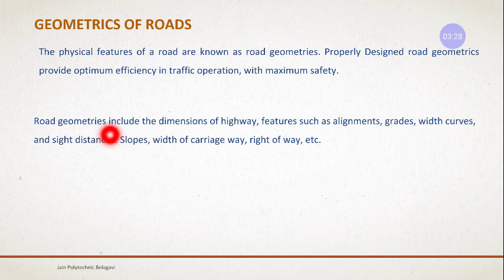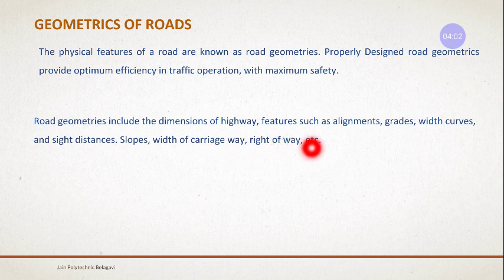The highway geometrics includes dimensions of the highway. It is not only about the road dimensions, but also about the drainage dimensions, the embankment, the shoulders, the camber, and transverse slopes. Everything is under the highway dimensions, such as features like alignment, gradient of the road, width of the curve, side distances, slopes, width of the carriageway, and right of way.